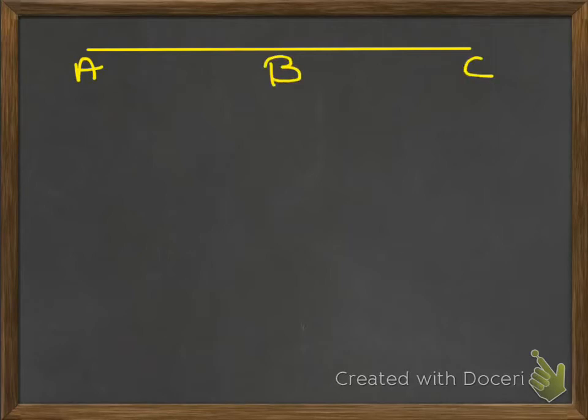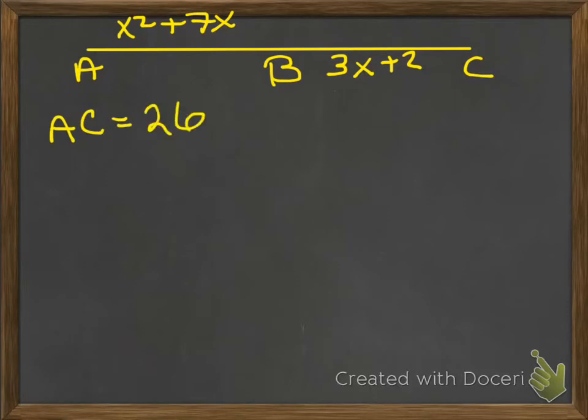All right, AB is equal to x squared plus 7x. BC is equal to 3x plus 2, and AC is equal to, it told us, 26.